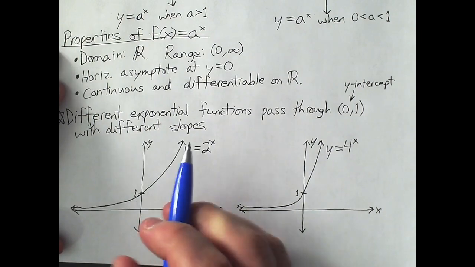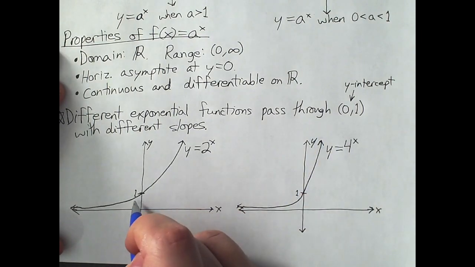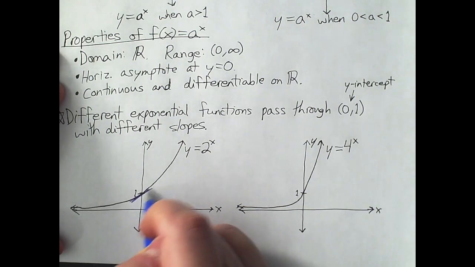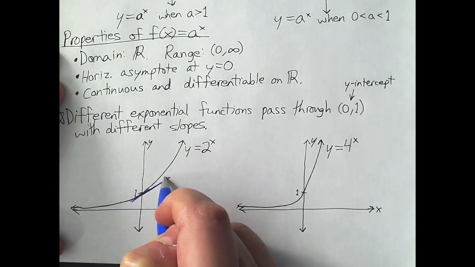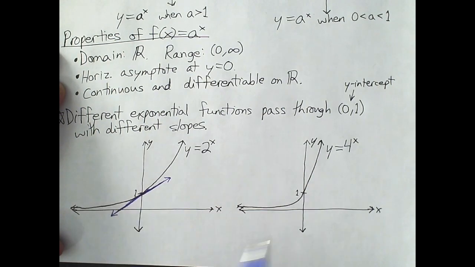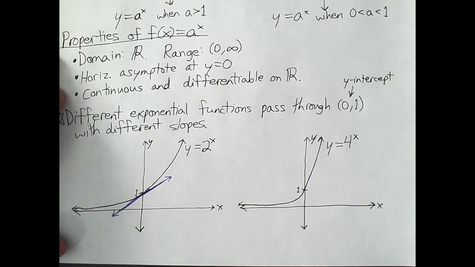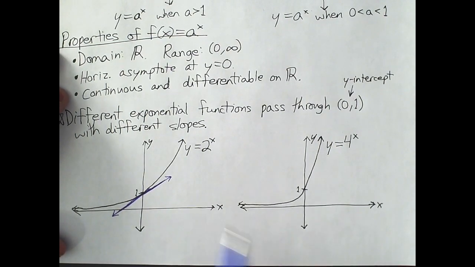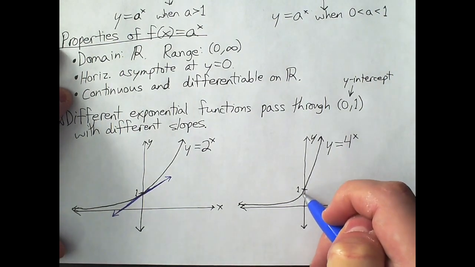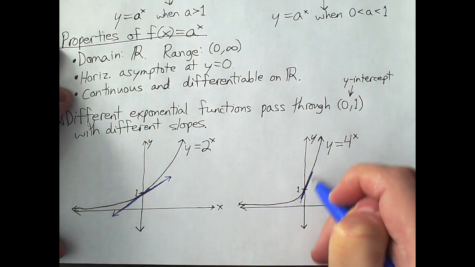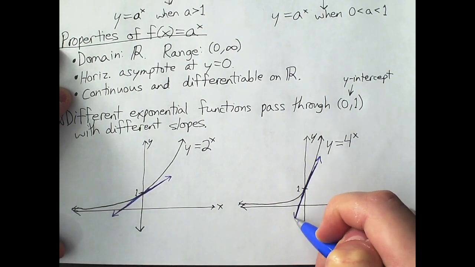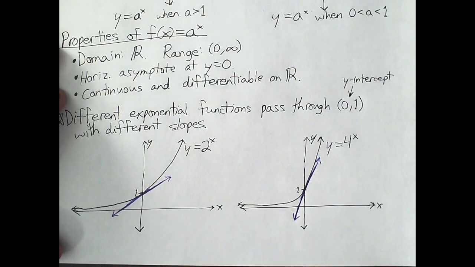So let's talk about the slope of the tangent line at the y-intercept. I think that in this picture, it looks something like this. The tangent line. We could try to estimate what that slope is visually, but let's just say we drew the tangent line and we want to compare it with this one. They're pretty different, right?